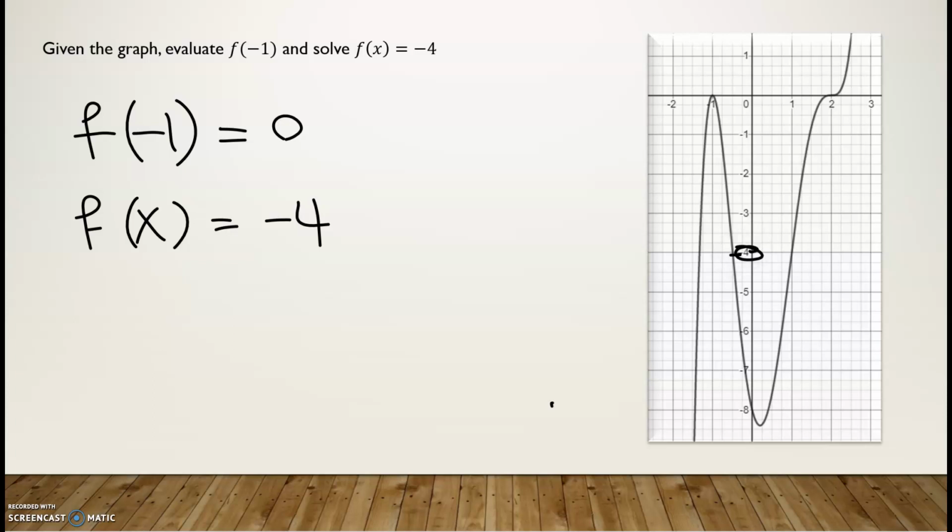We go to our graph, and it looks like that is going to be straight up right there. So that looks like that is halfway between 0 and -1. So it looks like f of -1/2 is equal to -4.